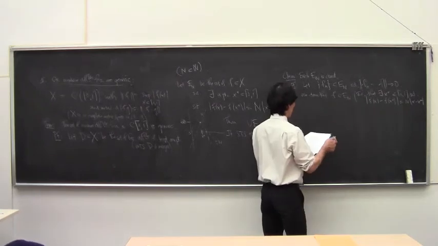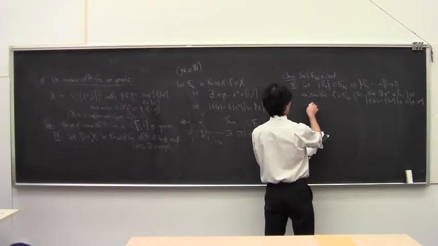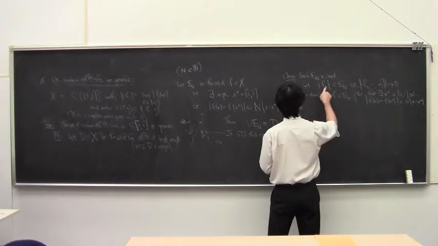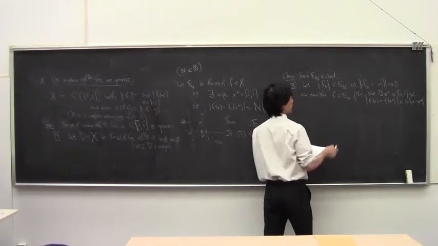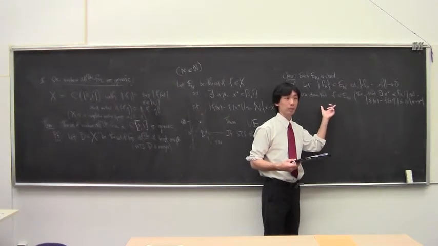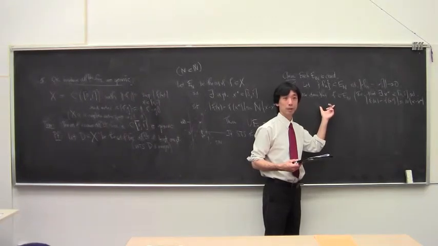So what we do is, each of the f_n's has an x_n star, and there's an infinite number of them in the closed set [0, 1].